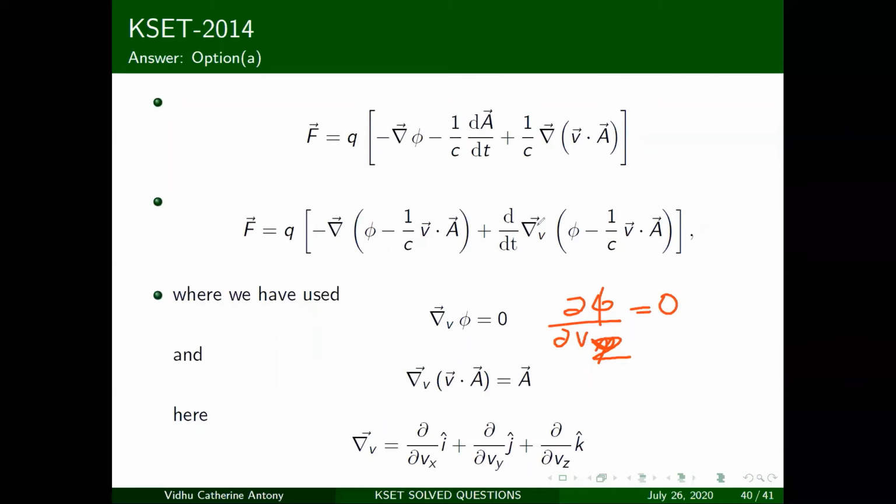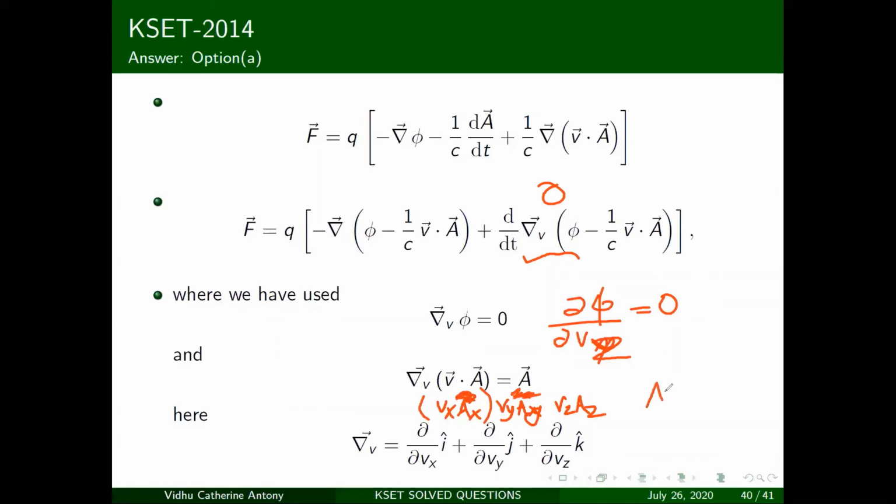So let's just work this backwards. If I have a d by dt of del v phi, it's not going to make any difference. It's still 0. So this term is basically 0, just this term. Now let me look at this term. I do a del v of v dot a vector. I end up getting an a vector, because when you're applying a vx with an a vector, a vy with your a vector, and vz with an a vector, let me just have ax, ay, and az because you're taking the dot products there, and you differentiate it.